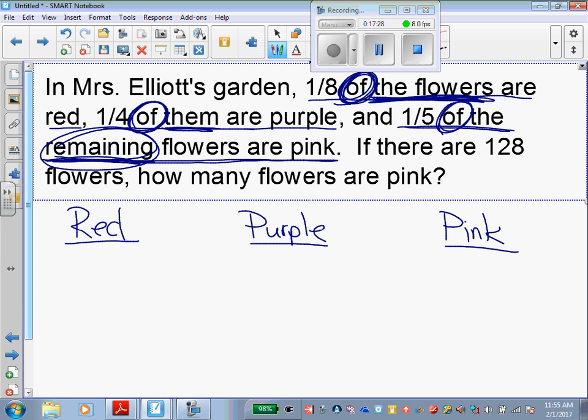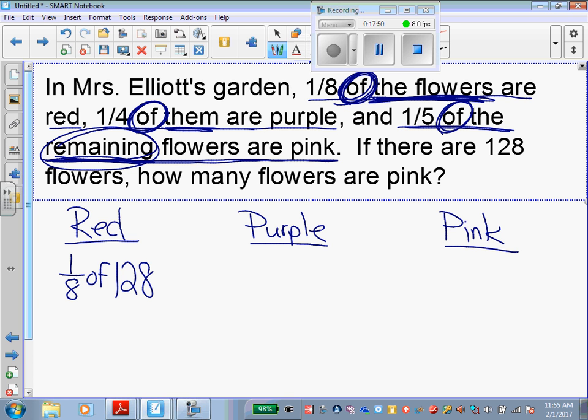What problem am I going to solve to figure out how many red flowers there are? What is my problem going to look like? My expression. Michael: 1/8 of 128. Perfect. 1/8 of 128.